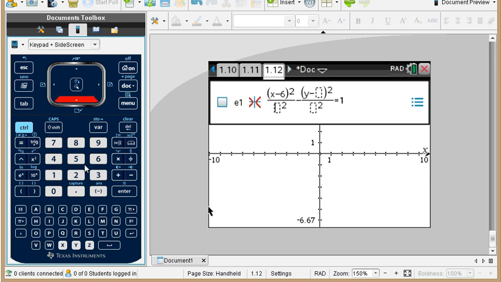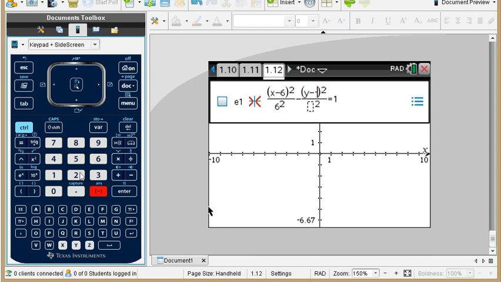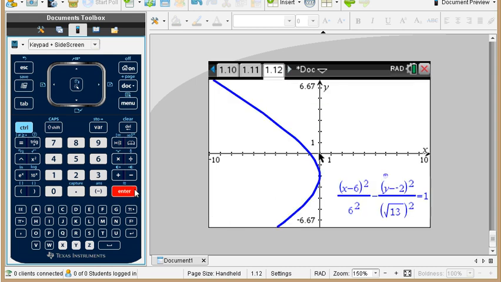It says square, so we're going to put the square root of 13 squared, and so there we have our hyperbola. We don't see the totality of the hyperbola here. We see the left edge here, but not anything else. But we want to find the eccentricity, so we have enough that we can find that, I think.